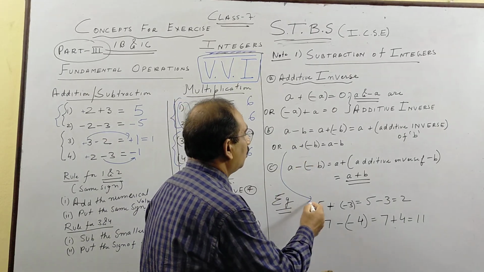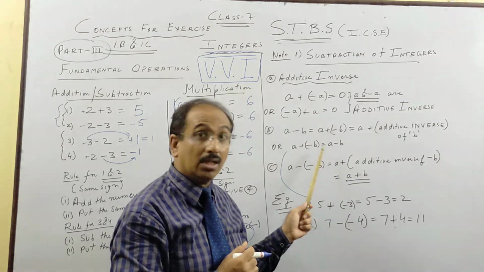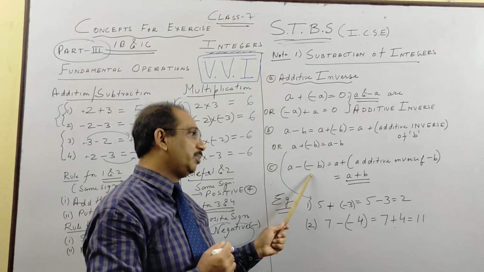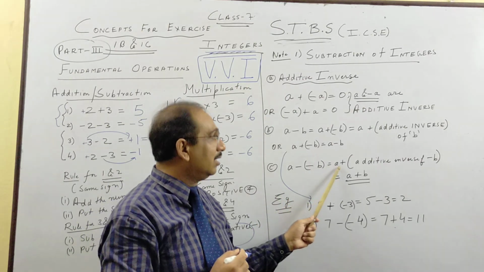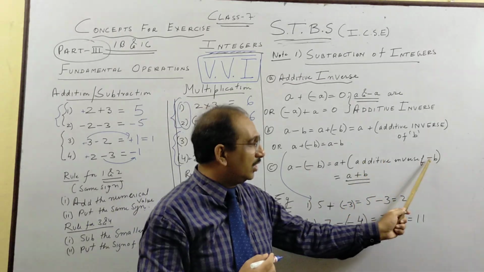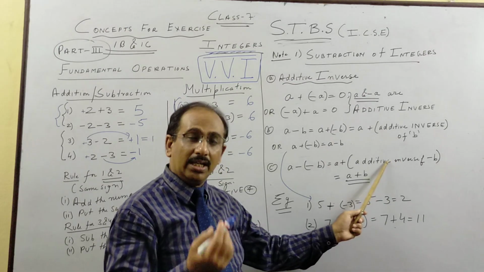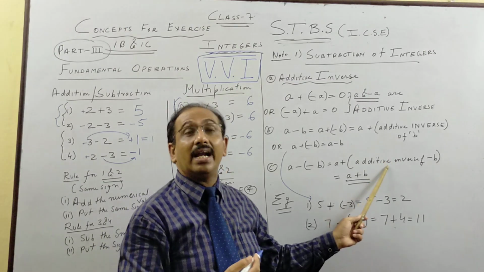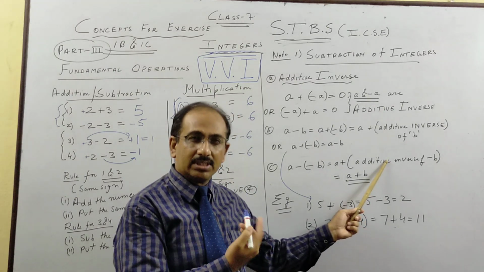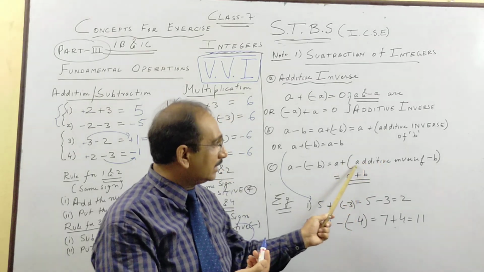So what happens? You will have minus sign. And I'll teach you the shortcut. But this is the logical, mathematical way. A minus minus B. So here the concept is A plus the additive inverse of minus B. The additive inverse of minus B is B. I was telling you in my last video there is something called additive inverse. Here I am explaining. I told you it is a little tough. We will see. Slowly it will take time. So here I am explaining to you what is additive inverse.